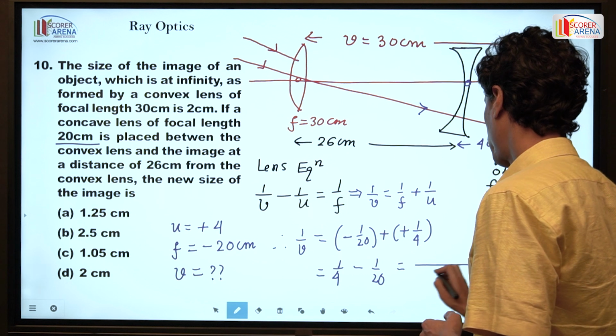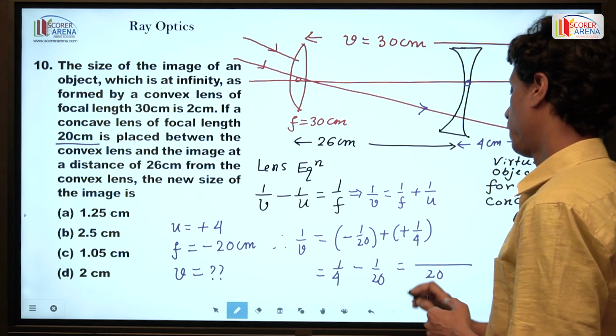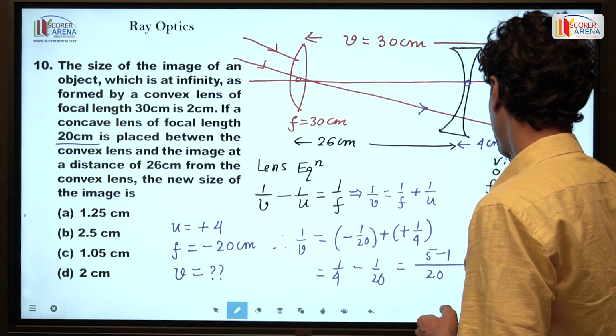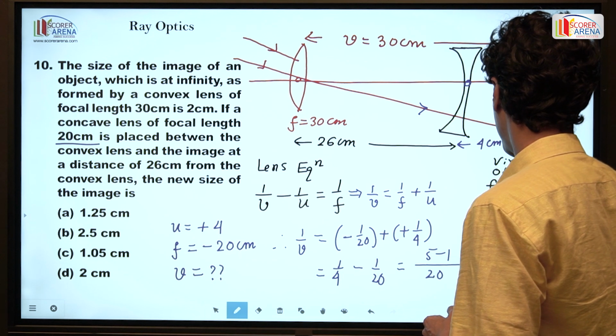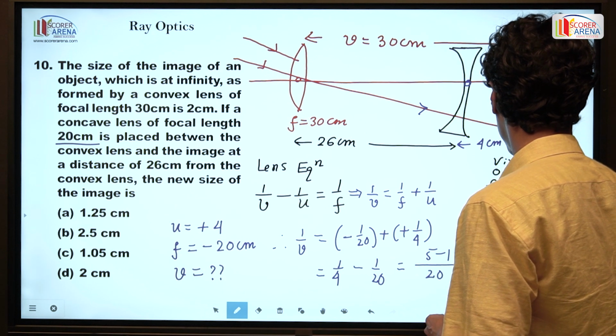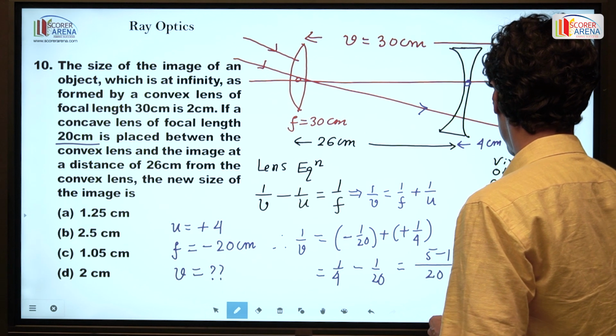It is actually 25 minus 1 over 100. Therefore V equals 20 by 4 centimeter, and this is plus 5 centimeter.